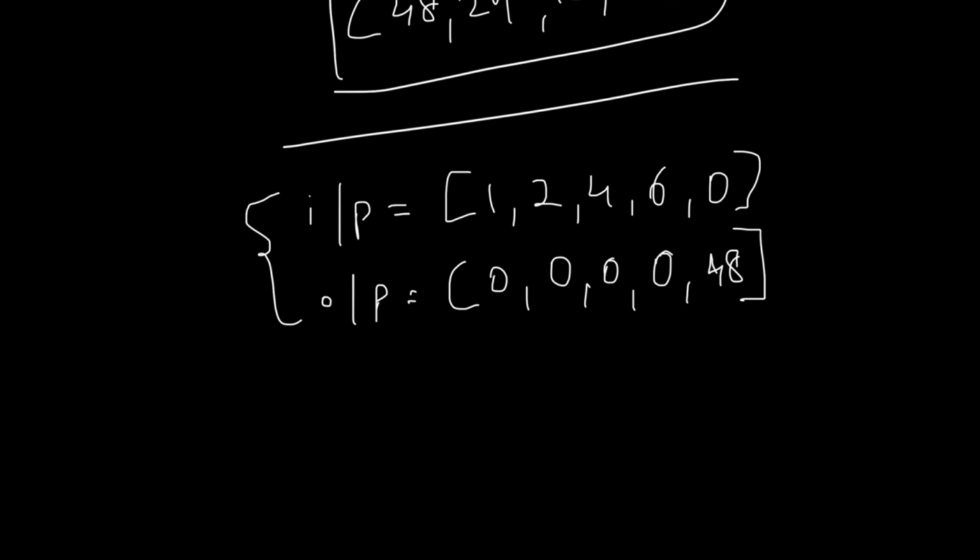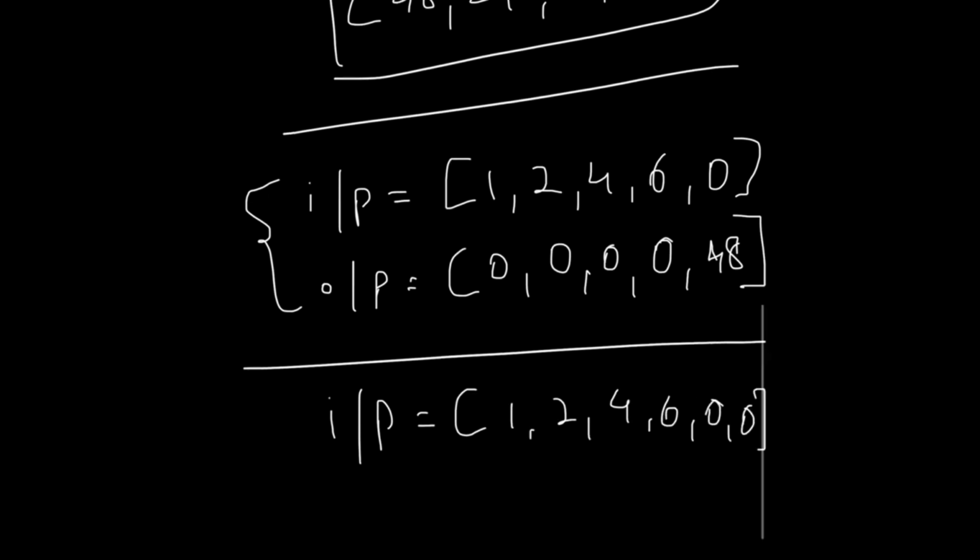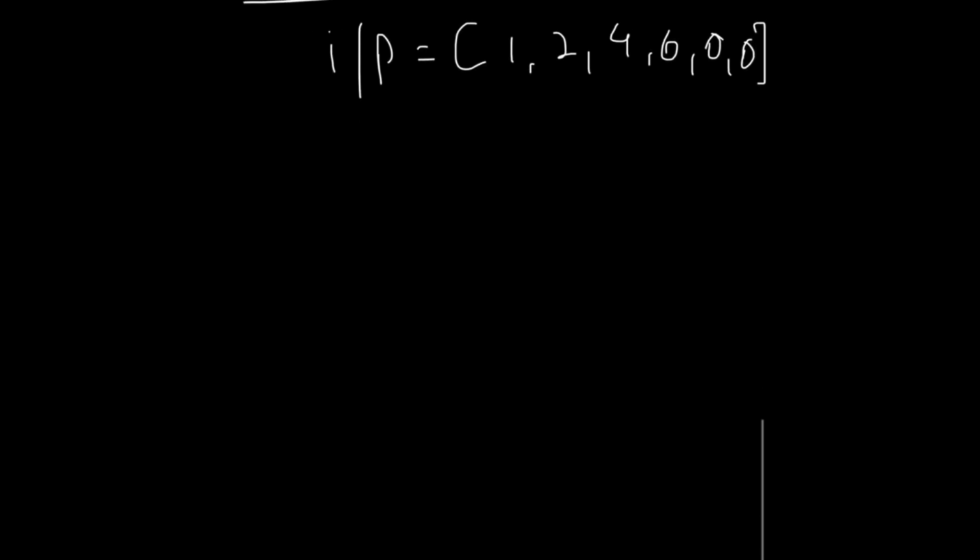Now let's see what happens when we get 2 zeros. So let's say our input now becomes 1, 2, 4, 6, 0, and 0. When we have this input, let's try and calculate our output.